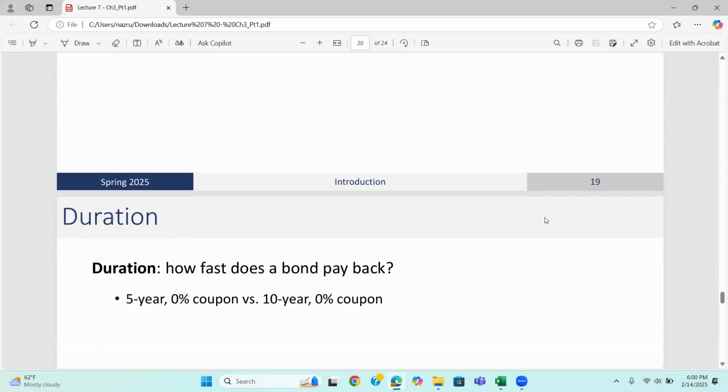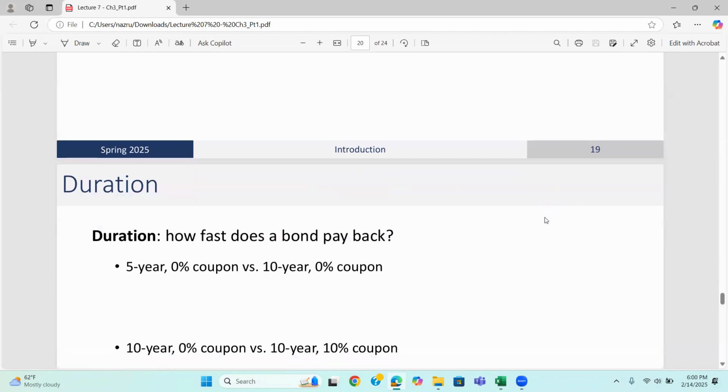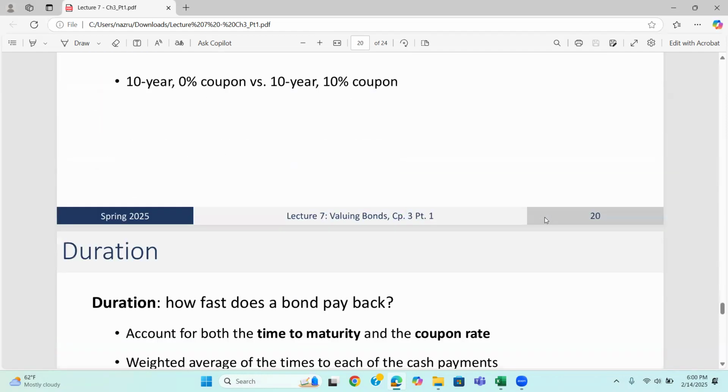All right. So we want to know how fast a bond pays back. People are very interested in calculating the bond duration, just to see how sensitive it is to interest rate risk. That's why people want to compare the duration of the bond with other securities, right?